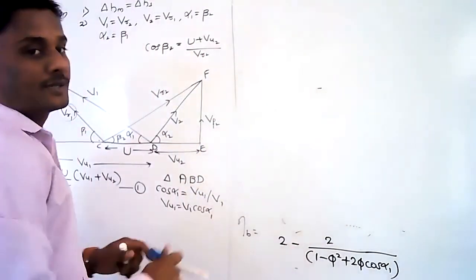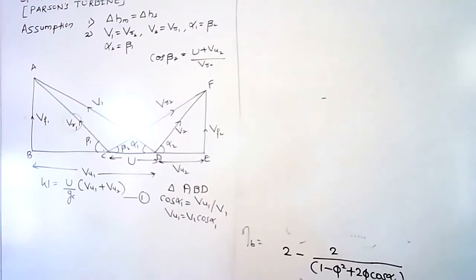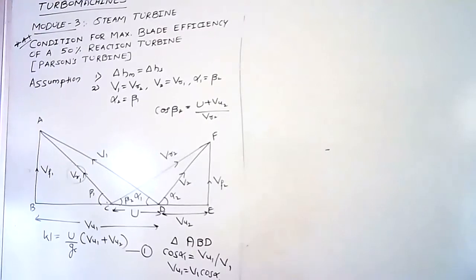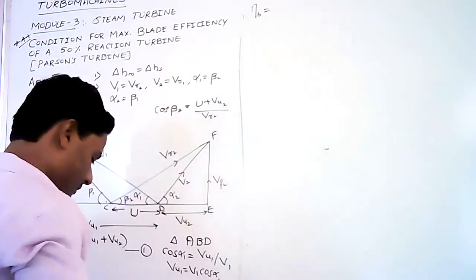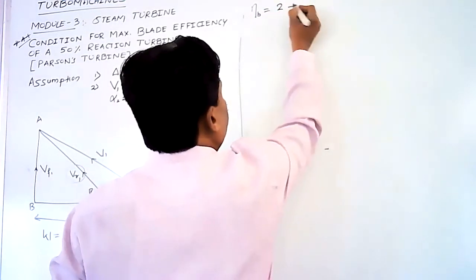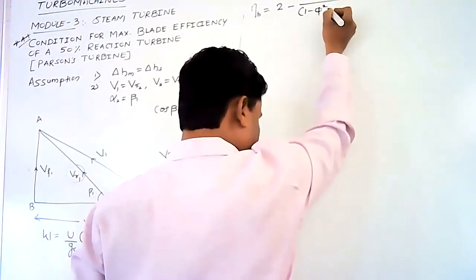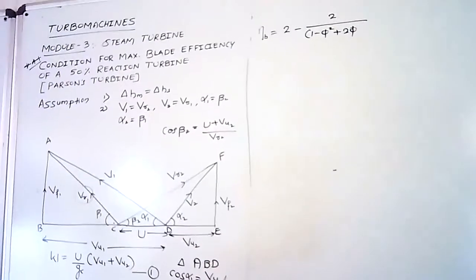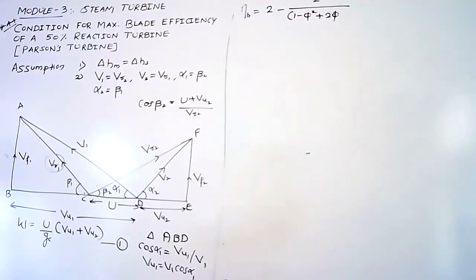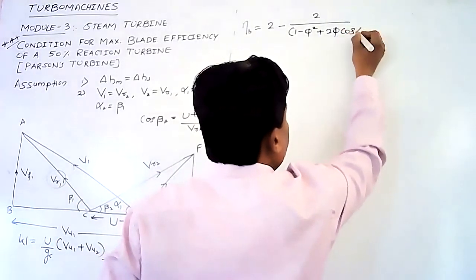So we got the blade efficiency as, blade efficiency equals 2 minus 2 by 1 minus phi square plus 2 phi cos alpha 1.